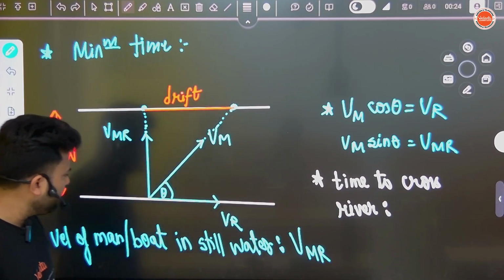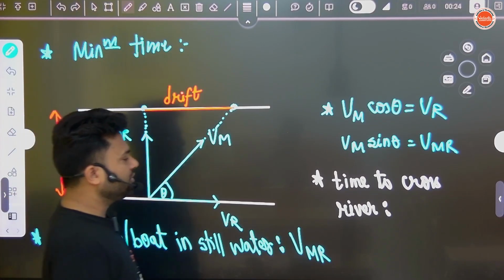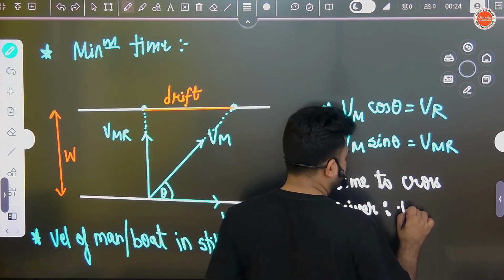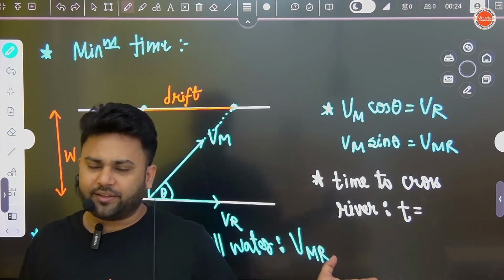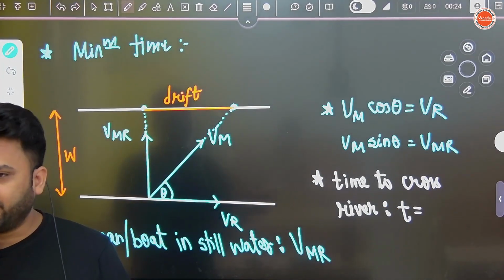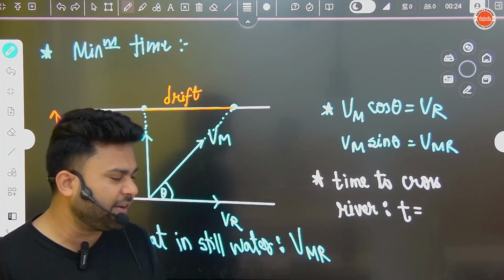Crossing the river means going from this side to this side, so we are concerned about the y direction. There is no acceleration in this case. Speed equals distance by time, so time equals distance by speed.